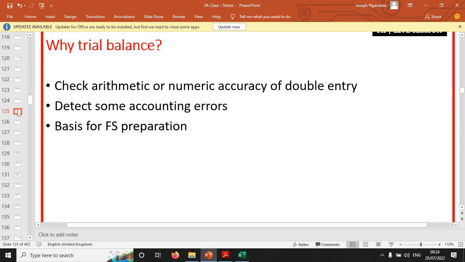Can we proceed? The trial balance becomes the basis for the preparation of financial statements. Do you remember in the accounting cycle, before you prepare financial statements, you're supposed to extract a trial balance? Otherwise, you'll be doing what we call cooking of numbers at a very high level.